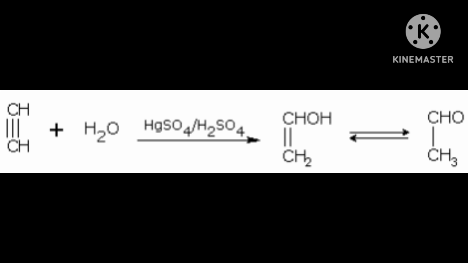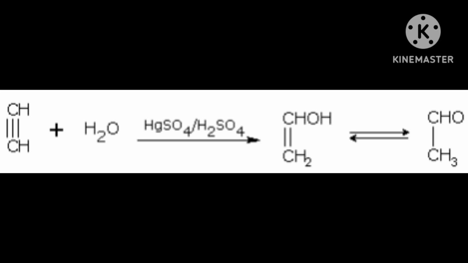Now it became CH3C(OH)=CH2. From the middle carbon OH joined, and where it was CH, that became CH2, and the triple bond became a double bond. Again here also isomerization will take place. The H of OH will go to the CH2, and that was the double bond.